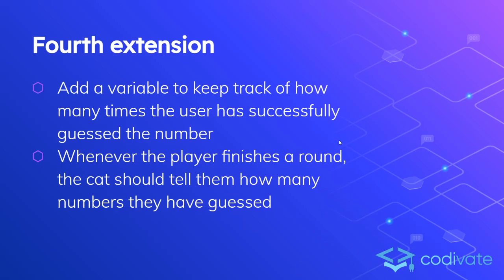Alright, yet another extension is make it so that they play multiple games and you keep track of the number of times that the user successfully guessed the number. Hint, hint, that's involving keeping track of things and storing things, and we know what to use for that at this point. Alright.